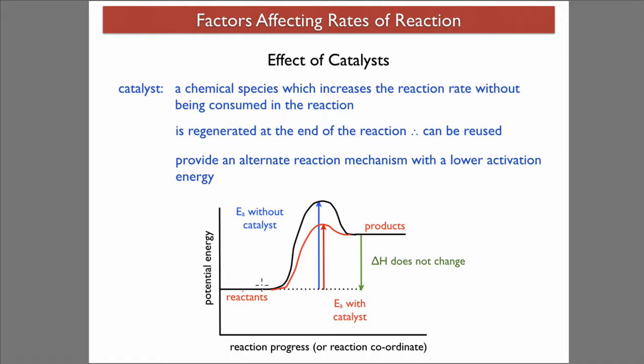We've got the reactants going to the products, and the enthalpy change doesn't make any difference. You're going to have the same enthalpy change, but the activation energy does change. This is it without a catalyst. You see it's higher, and if you use a catalyst, an alternative mechanism is available, it lowers the activation energy, so the rate of reaction will increase.